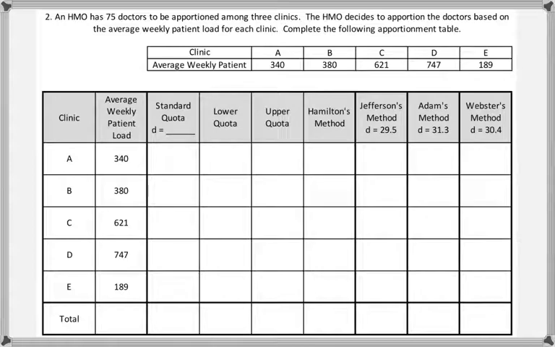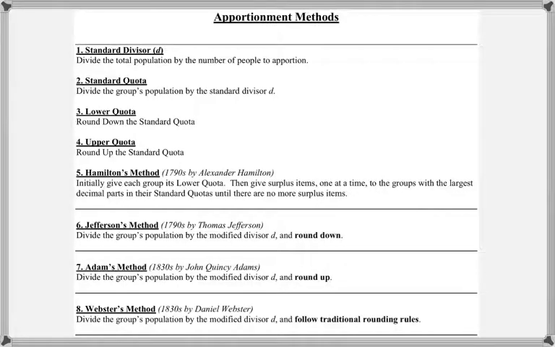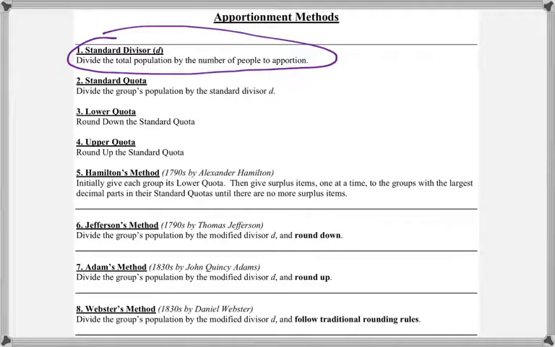So the first thing I want to do is add all of these up. And if I do that, I get 2,277. I want to find the standard divisor. So I'm going to divide the total population by the number of people to apportion.